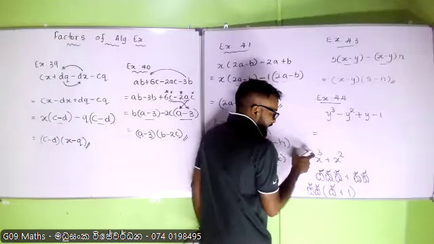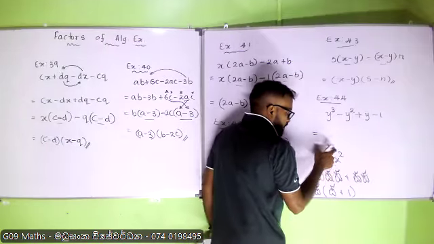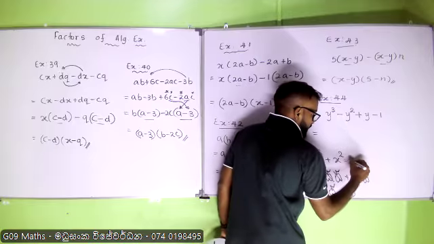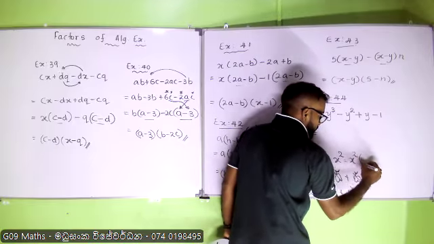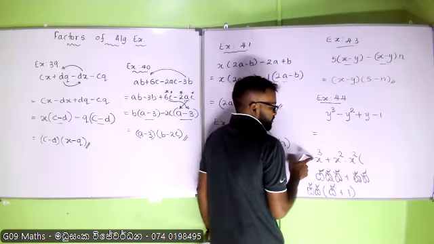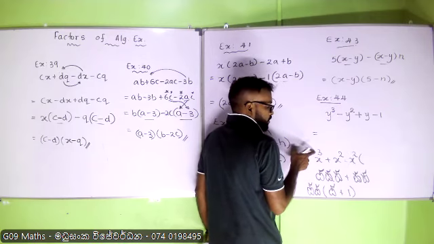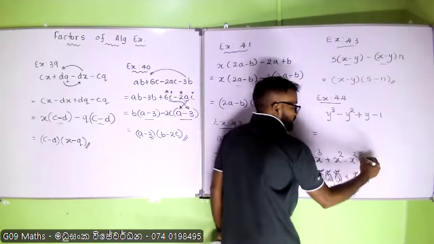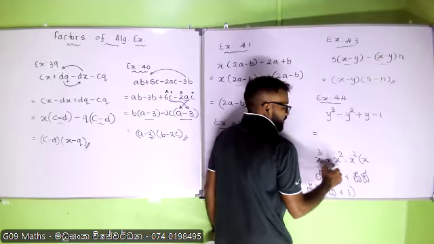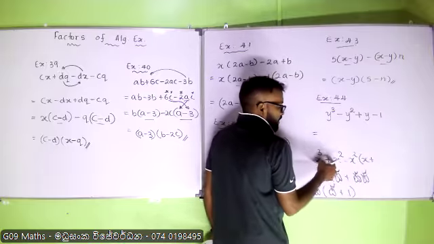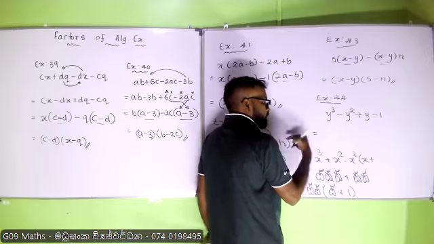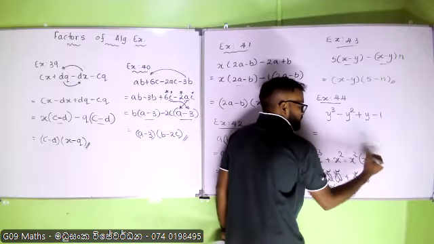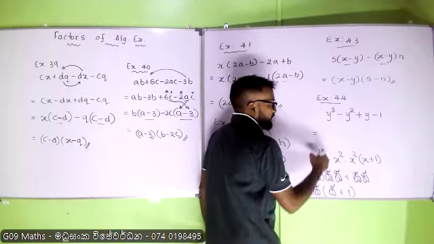x to the power 3 plus x to the power 2. By looking at this, I'm going to take x to the power 2 out. If you take 2 apples out from this 3, the remaining term is x, plus you take the whole thing out, so 1 remains.